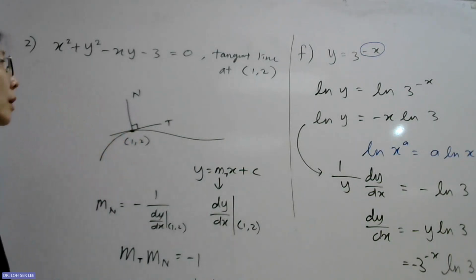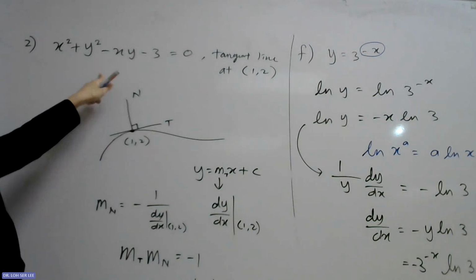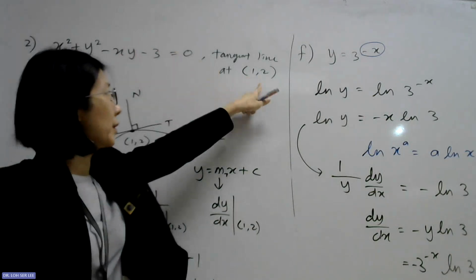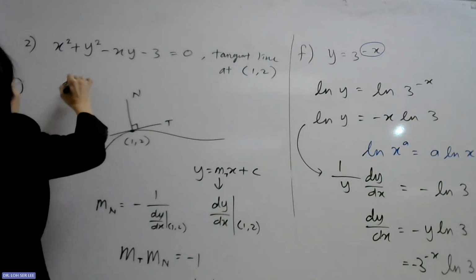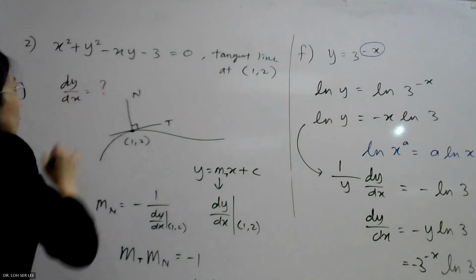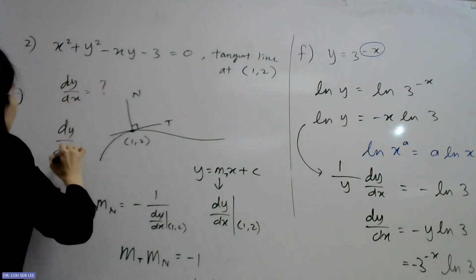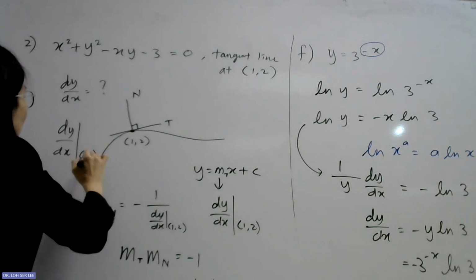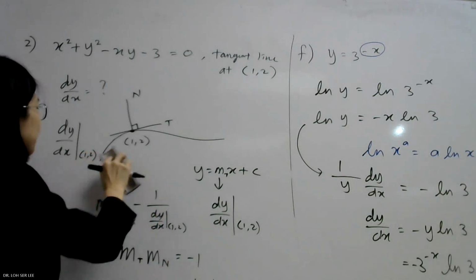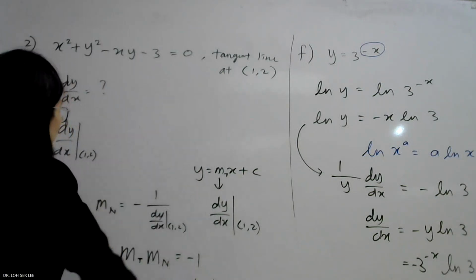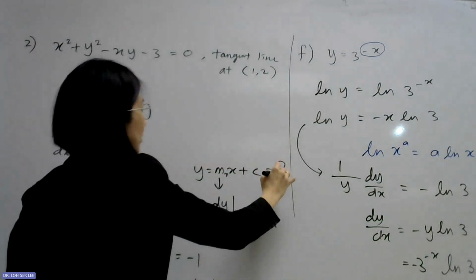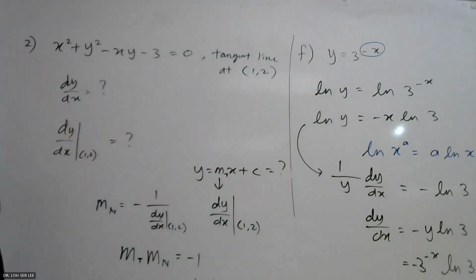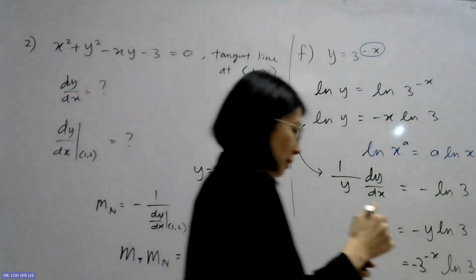So we want to find the tangent line at this point, so we have to get the dy dx first. Now you get the dy dx, and then you get the dy dx when x is 1, y is 2. Then find for dy dx now.